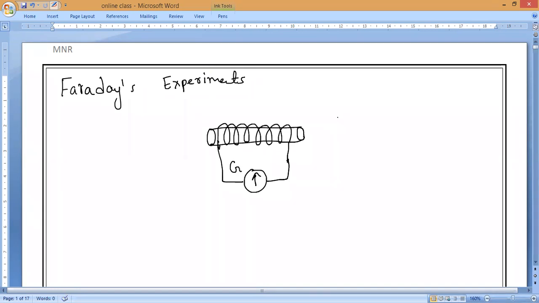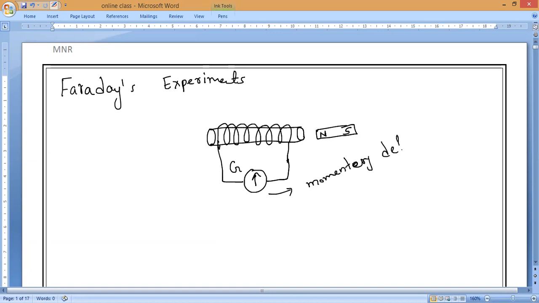Now we are bringing either the north pole or the south pole of a bar magnet. If you do relative motion of the north or south pole of a magnet inside this solenoid, we find that the galvanometer shows a momentary deflection. Is it yes or no, guys? Please respond.